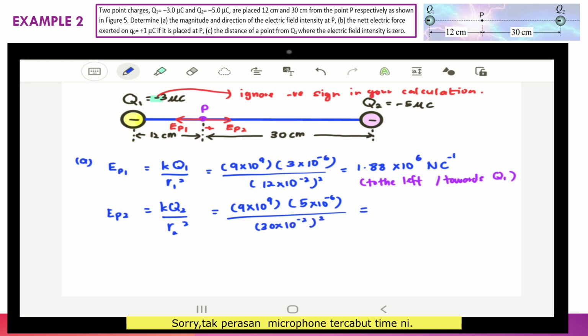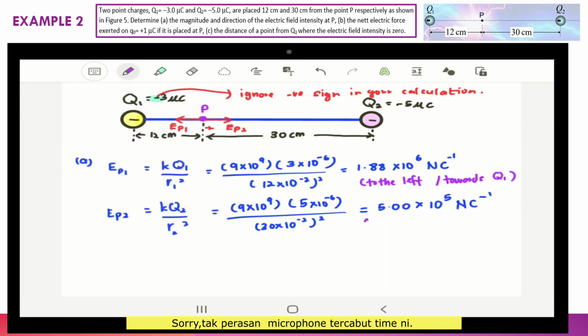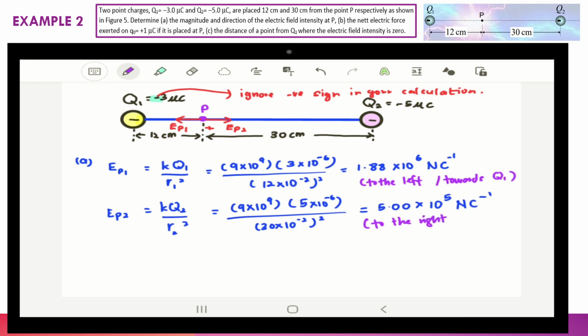The final answer for EP2 is 5.00 times 10 power of 5 Newton per coulomb, and the direction is to the right. So we take the positive sign. The positive direction is to the right. The negative direction is to the left. So this one is towards Q2.